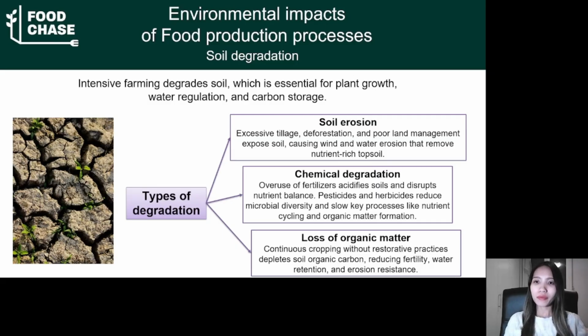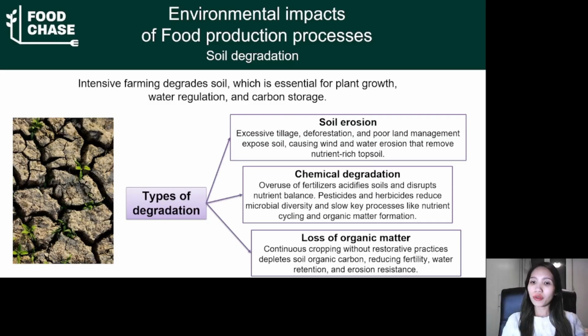When the nutrient-rich topsoil is removed, it leaves behind another layer which is harder and doesn't have much nutrients. In chemical degradation, the overuse of fertilizer acidifies soil and disrupts nutrient balance. Pesticides and herbicides also reduce microbiome diversity and slow down key processes like nutrient cycling and organic matter formation.